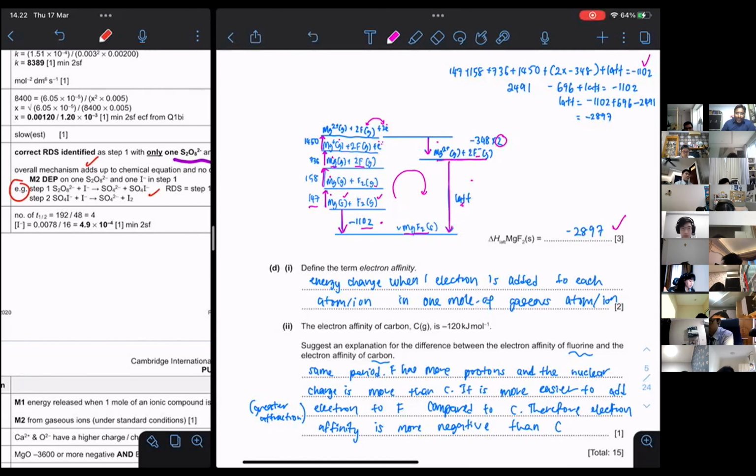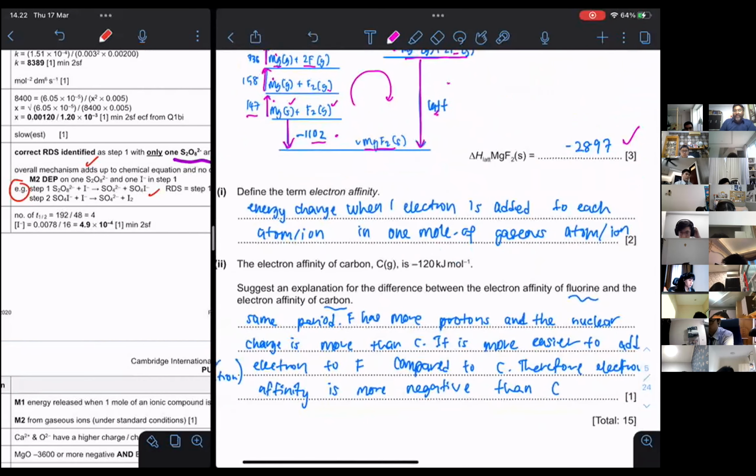Now define the term electron affinity. Electron affinity can be first electron affinity, can be second electron affinity, so you need to be general. So energy change, no need to say energy release or energy absorb. Energy change when 1 electron is added to each atom or ion in 1 mole of gaseous atom or ion.